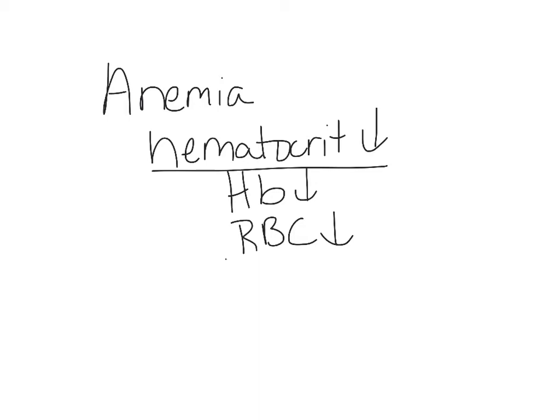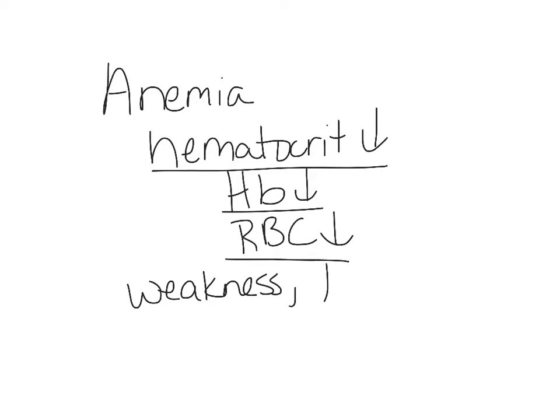So if you don't have as many red blood cells or you don't have as much hemoglobin as you need to, the oxygen carrying capacity of your blood has gone down. Your blood can no longer carry the proper amount of oxygen that it needs, right? So if you don't have enough oxygen, your tissues aren't getting enough oxygen. And that means that you're going to have things like weakness, if your tissues don't get enough oxygen, or lethargy.